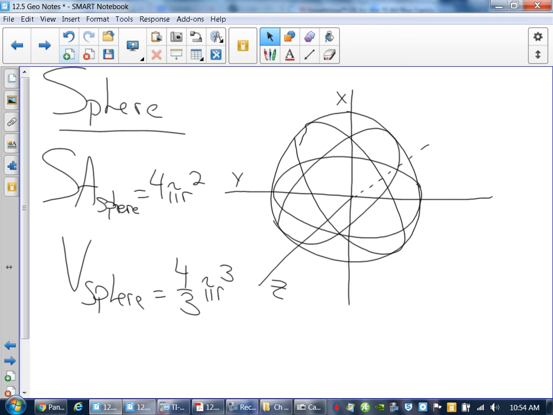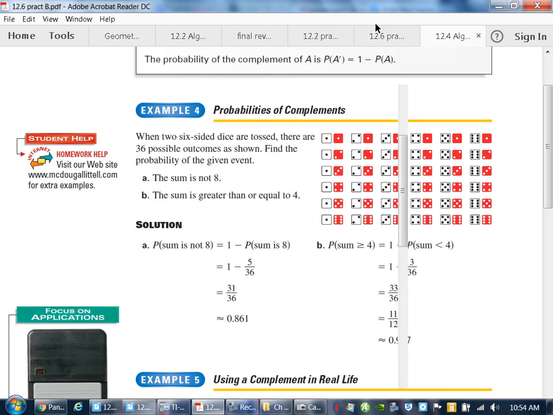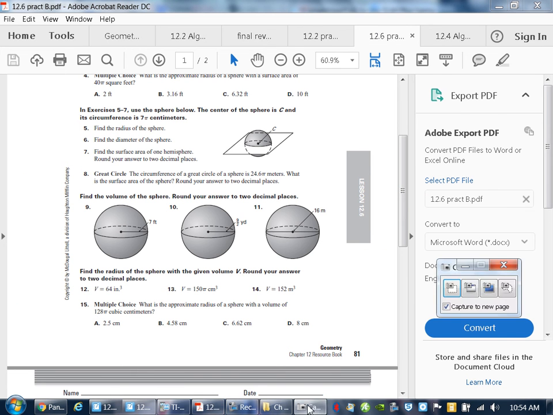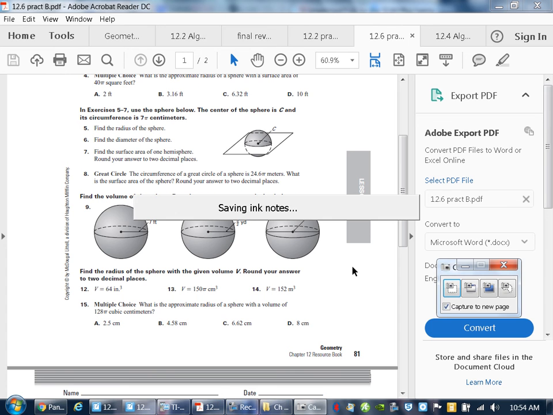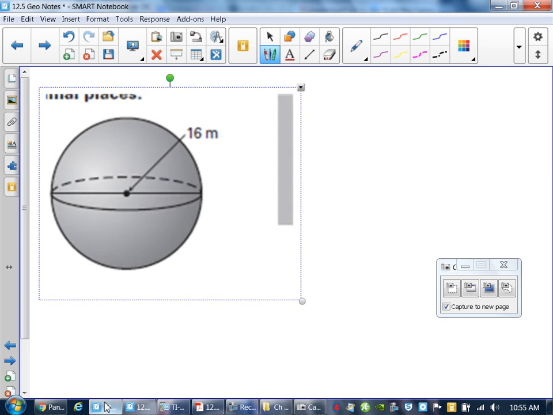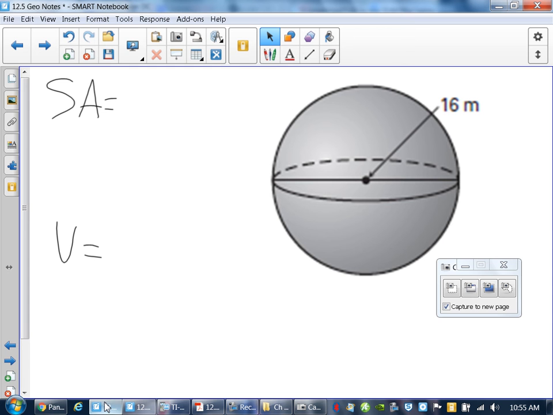As you get into this, if I want to find the surface area and the volume of this, what do you do? What's 16 then?